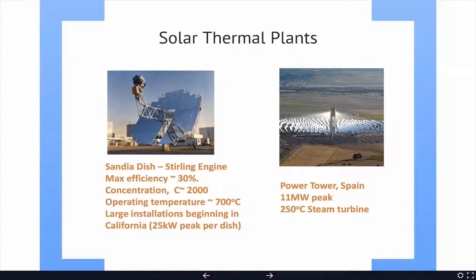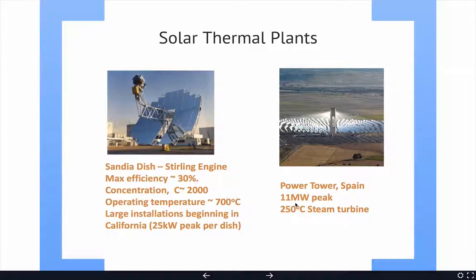As the sun moves, these mirrors adjust to change the focus of their reflection, and the fluid at this spot is heated up, and that heated fluid is used to perform work. Generally, in this example, it's 250 degrees Celsius steam, so steam runs a turbine to create electricity.